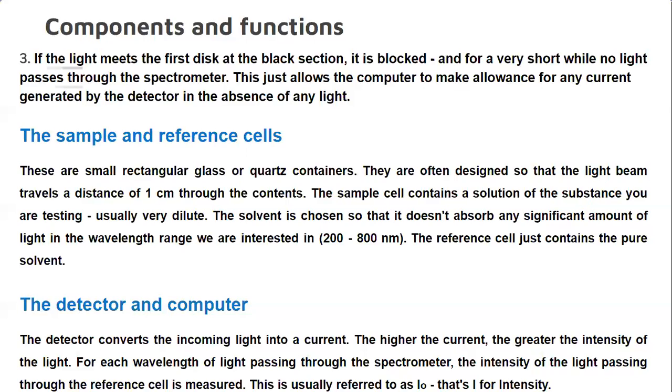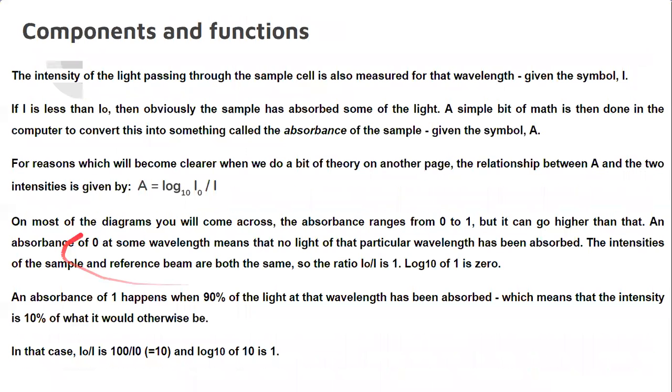The radiation coming from the reference is converted into a current signal, and that current signal is referred to as I naught, the intensity of incident light. And I means the transmitted light.